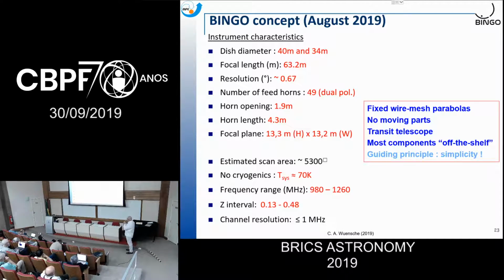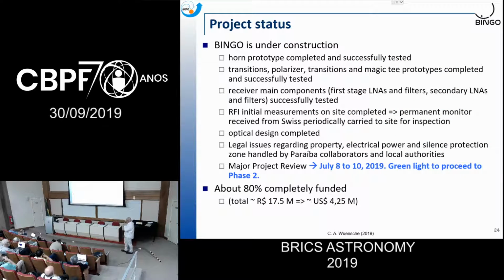It's on the way. The status is: the horn prototype is completed and successfully tested. All the front end, all the parts from the horn to the receiver, are built and tested. The receiver is built and tested with commercial low noise amplifiers. The survey on site for contamination was conducted.